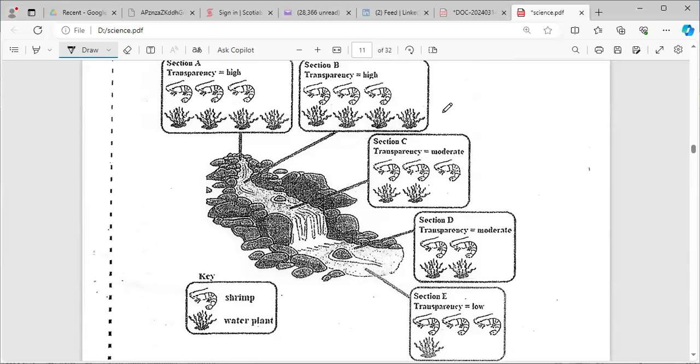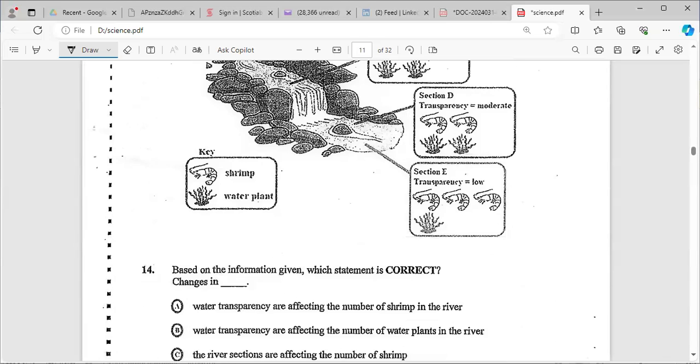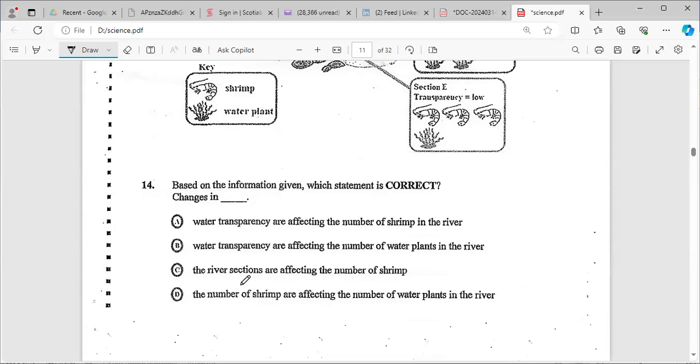Oh, yeah, it's definitely the water plant, guys. We have 4 up there, and then let's read the rest. The river section are affecting the number of shrimp. The number of shrimp are affecting the number of water plants in the river. I would say it's B. The water transparency are affecting the number of water plants in the river.